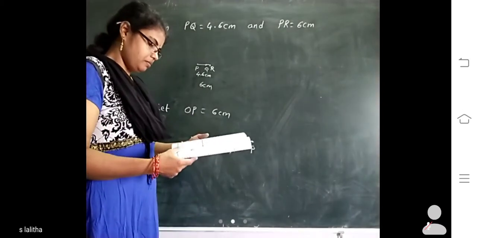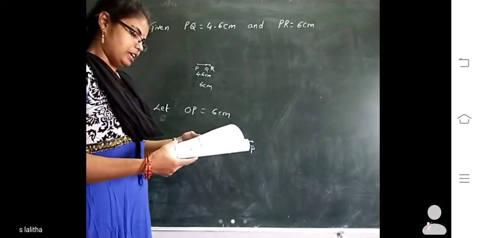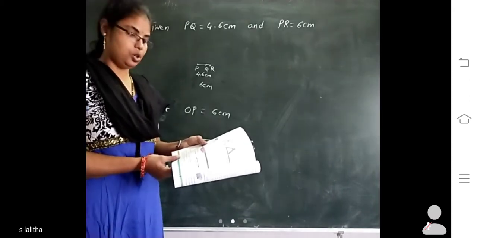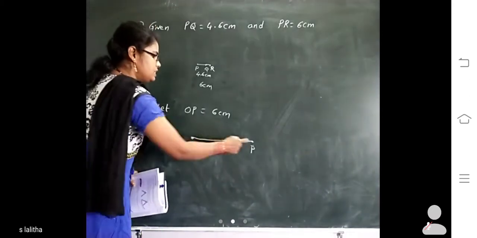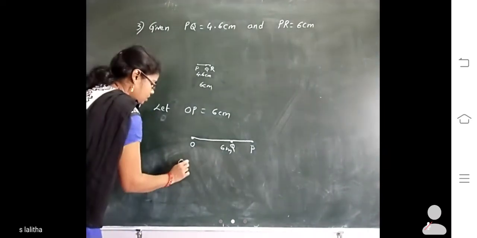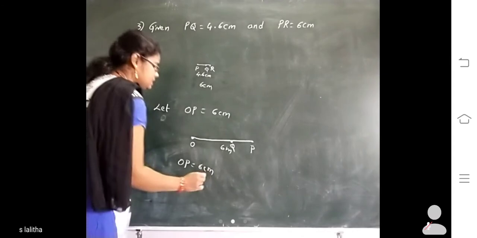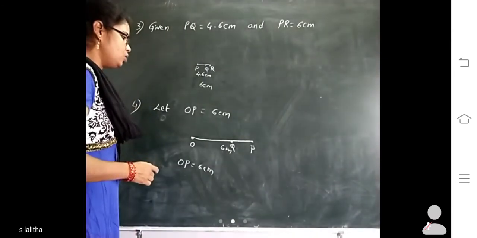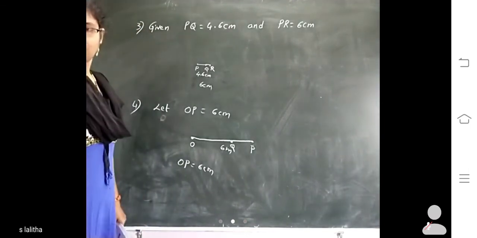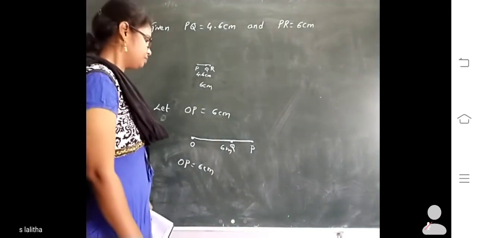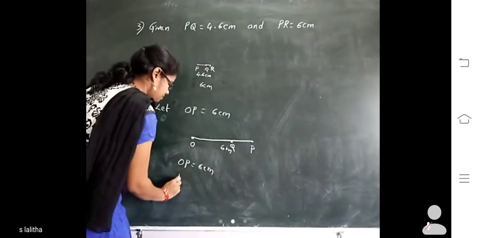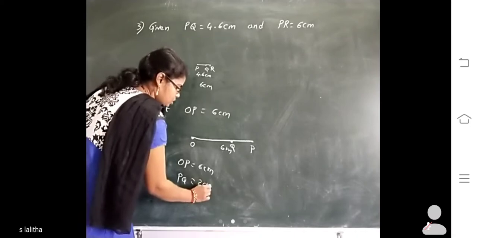Check whether OP minus PQ is equal to OQ. What is the length of OP? We are taking 6 centimeters, so OP is equal to 6 centimeters. Then minus PQ. Find the length of PQ. Suppose PQ is 2 centimeters.